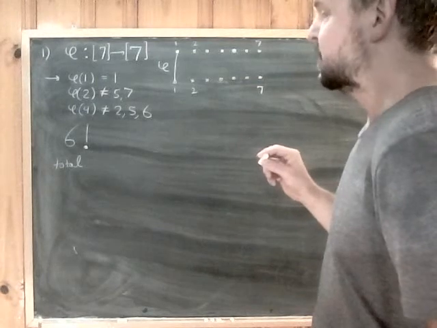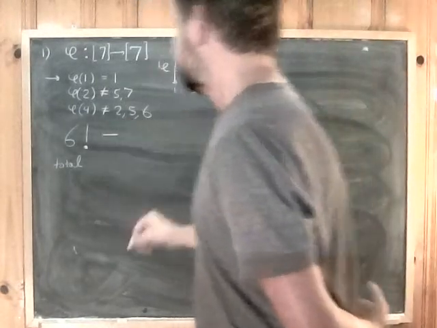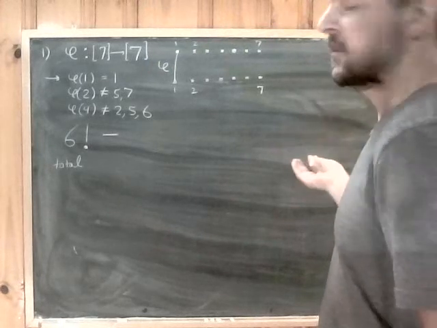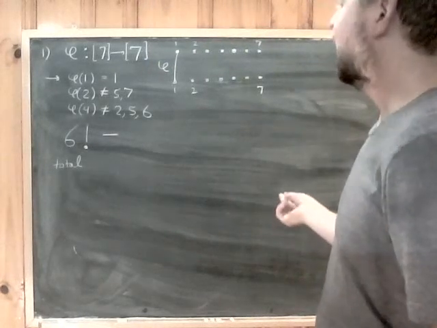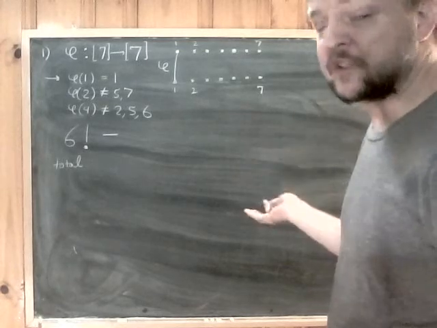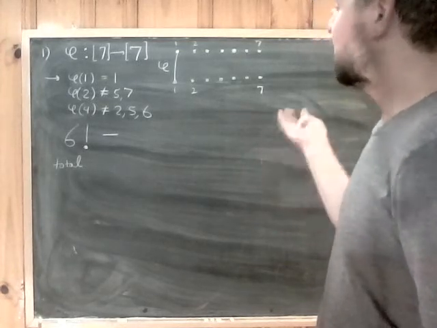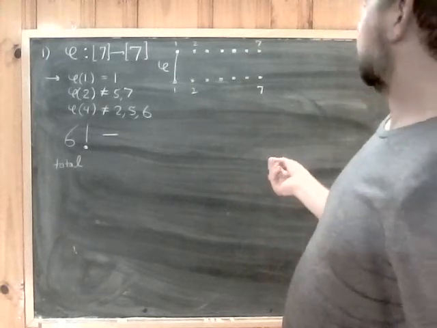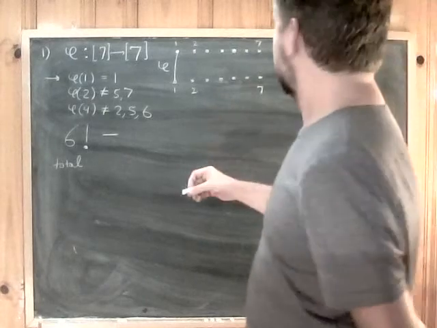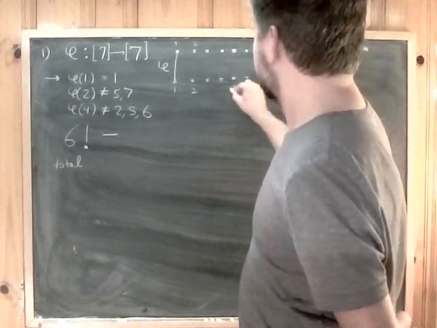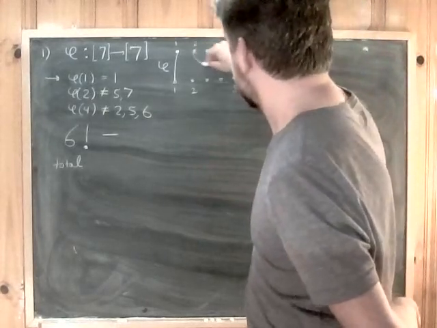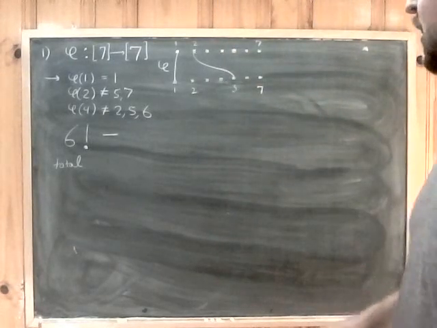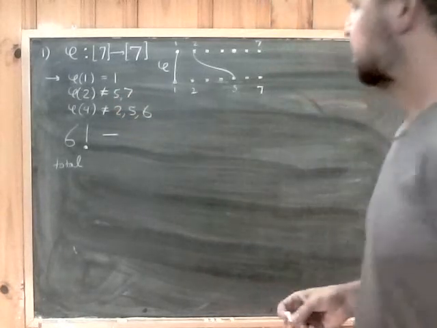Now, I need to subtract ways of breaking one rule. In fact, I'll be subtracting all the sets of permutations that break one rule. If you break one rule, I might as well use this picture since I've got it. Here's a 5. If I send phi of 2 to 5, that would be breaking the rule phi of 2 is not equal to 5.